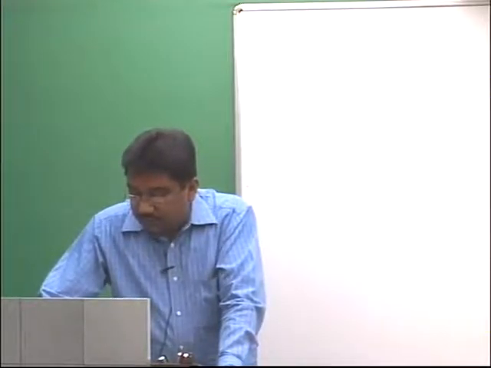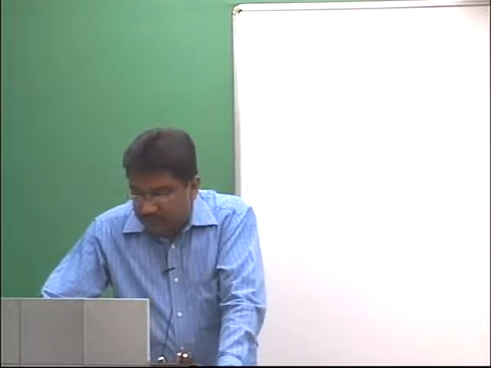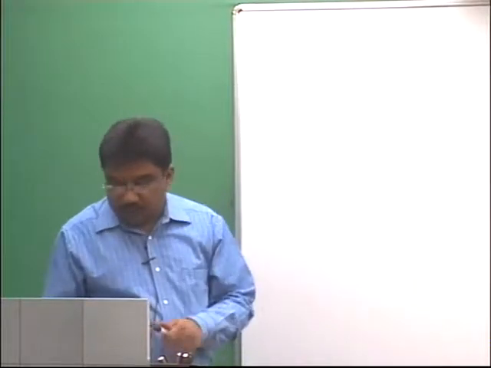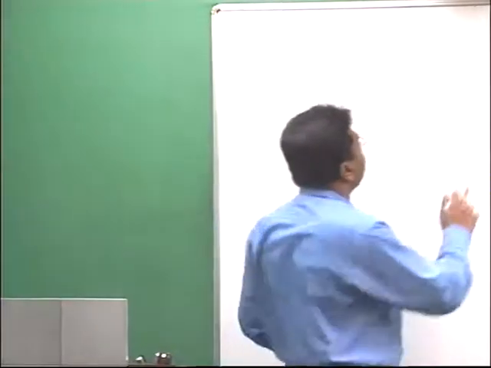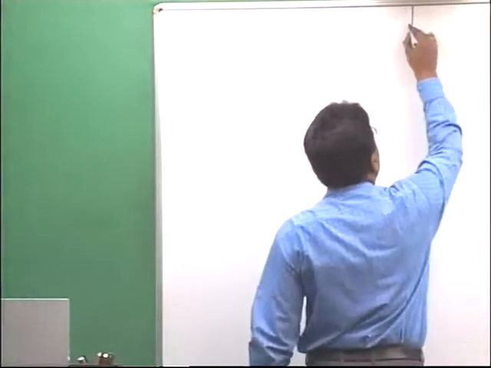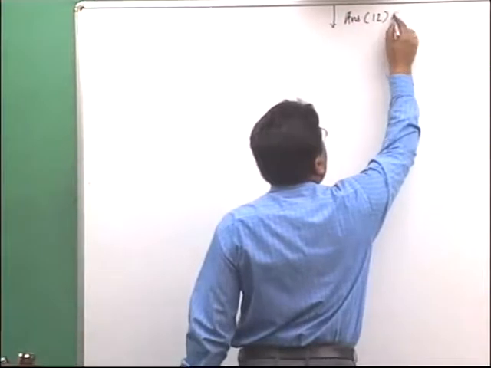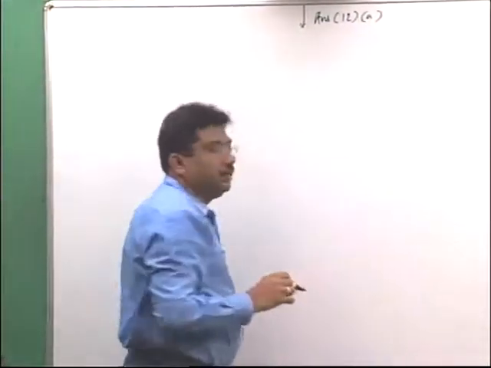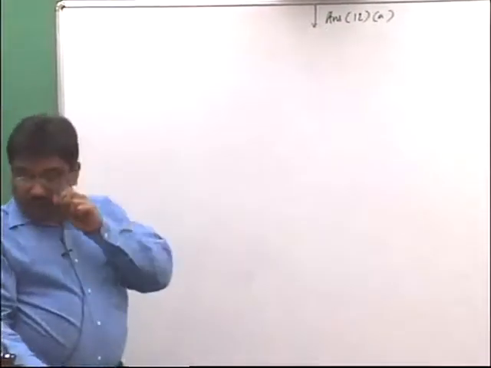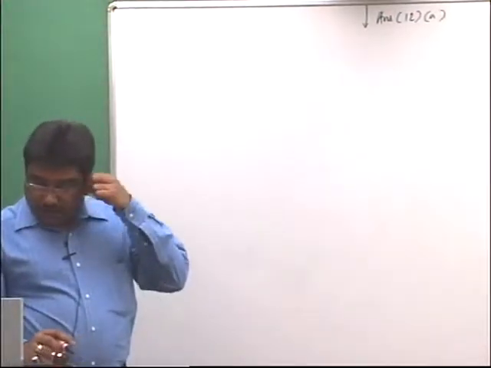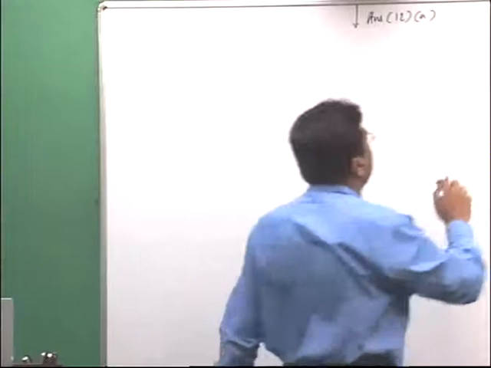In question B, you have to comment on the financial position and structure of these 3 companies. That we will do after doing question A. So please write down answer 12A. Now for this purpose, make 4 columns, 1 column for particulars and 3 columns for the 3 companies A, B and C.